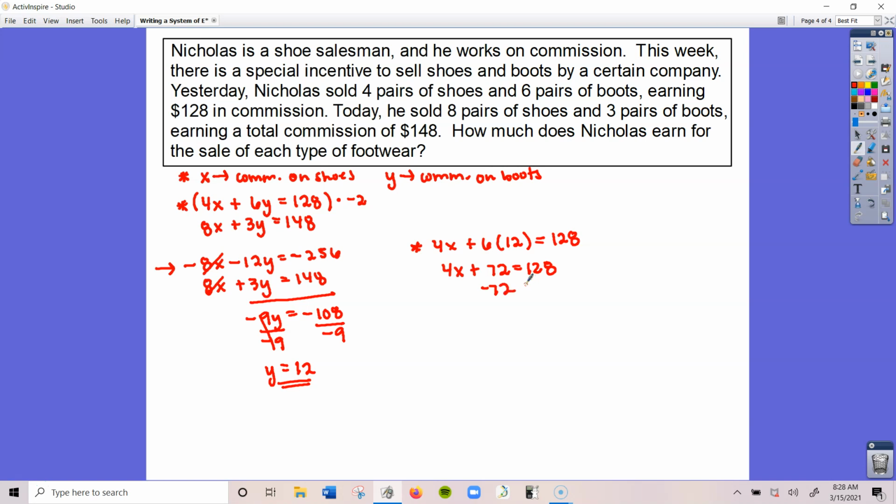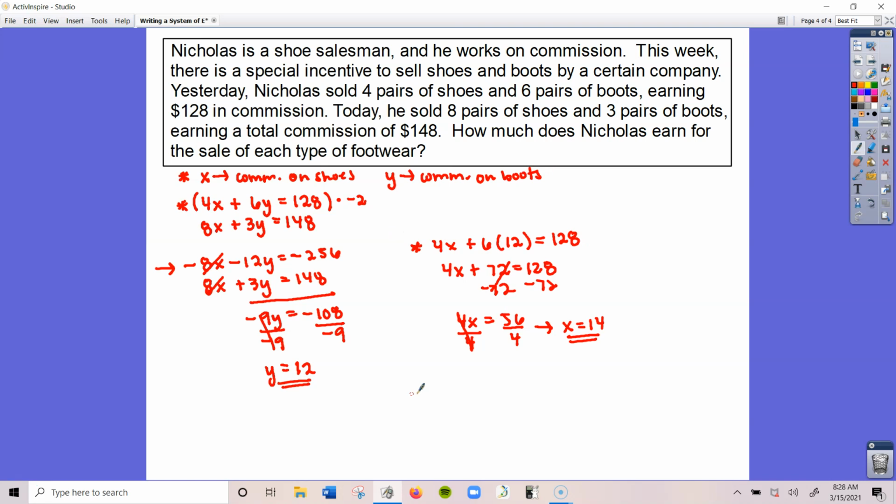Subtract the 72 from both sides, and we get that 4x is equal to 128 minus 72, which is 56. Divide by 4, and we get that x is equal to 56 divided by 4, which is 14.